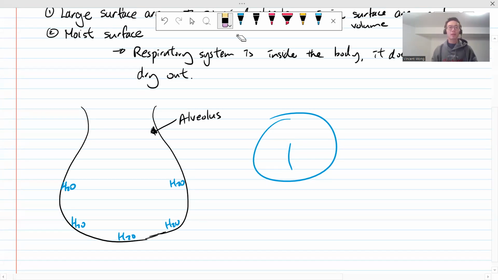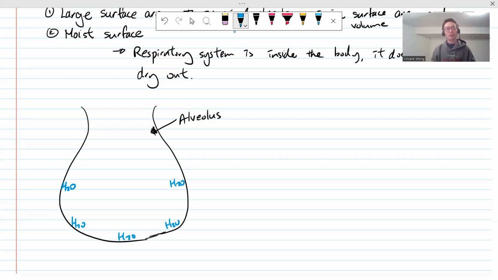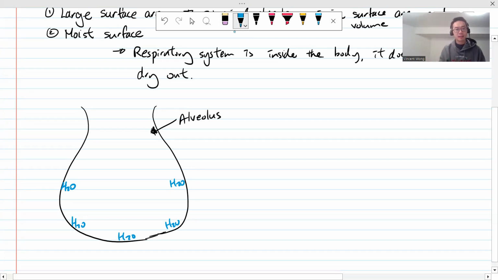Polar molecule? They are polar, right? Exactly. Polar means they are attracted to each other. The oxygen is going to be attracted to the hydrogen. So if you have a bunch of water molecules, like a moist film of water inside the alveolus, they are going to be attracting each other.